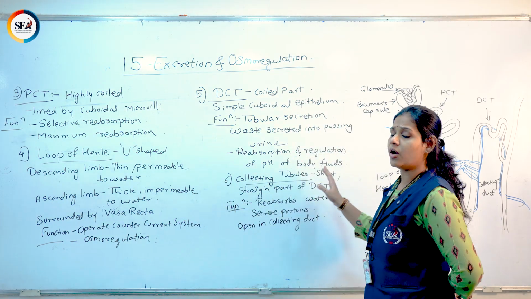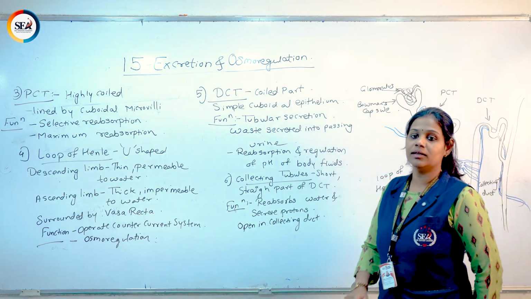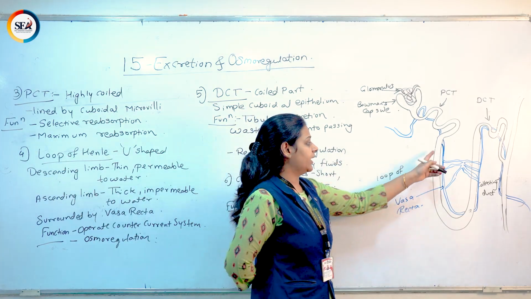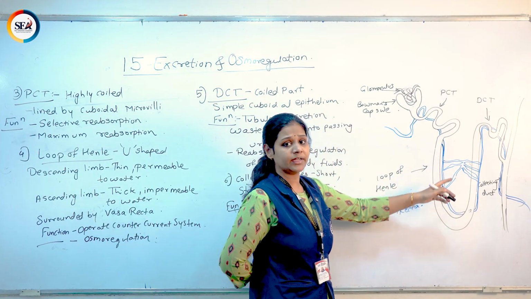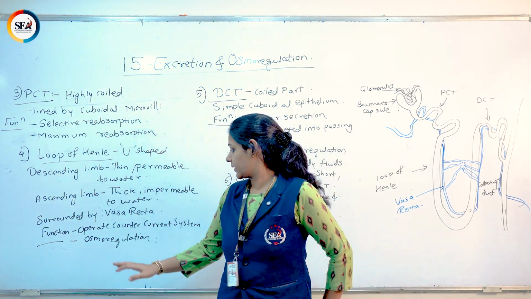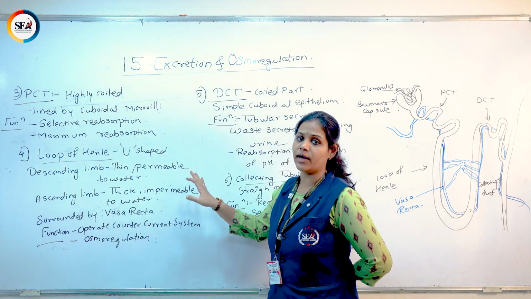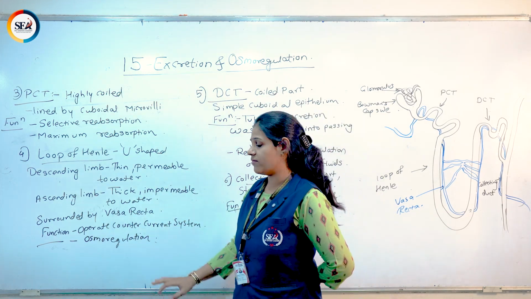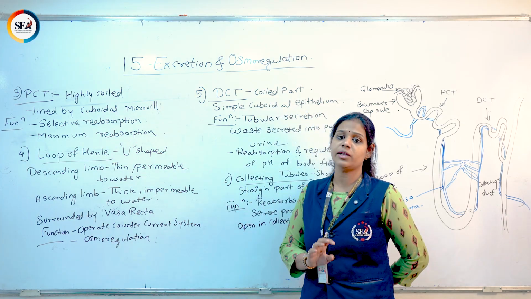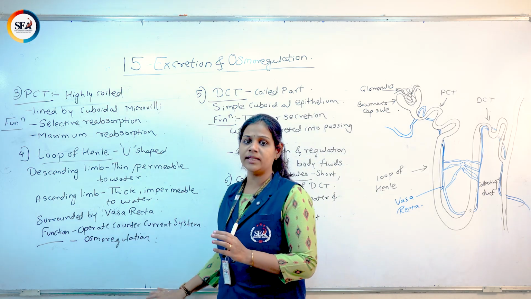The surrounding of the loop of Henle with the help of blood capillaries is present, and these blood capillaries which surround the loop of Henle are called vasa recta. Function of loop of Henle is to operate the counter current mechanism, which is important for osmoregulation of the body, that is for salt and water balance in the body.